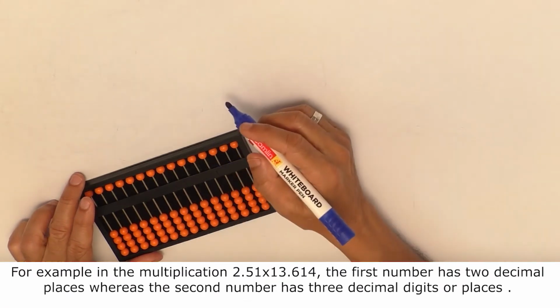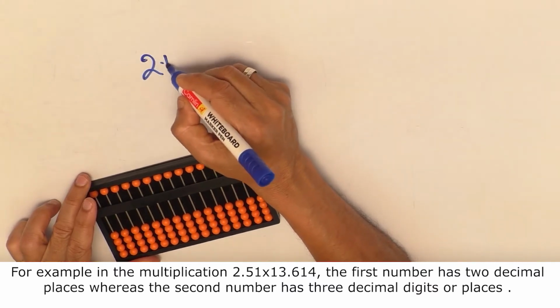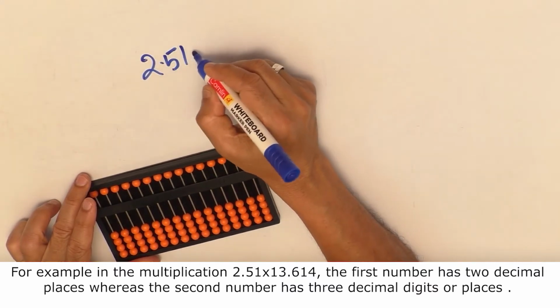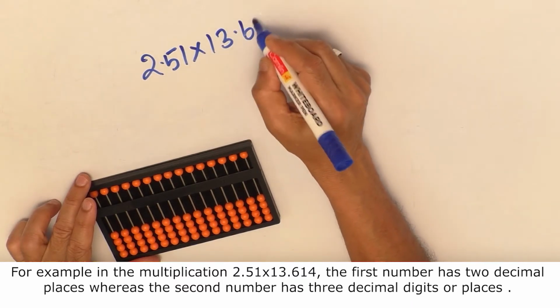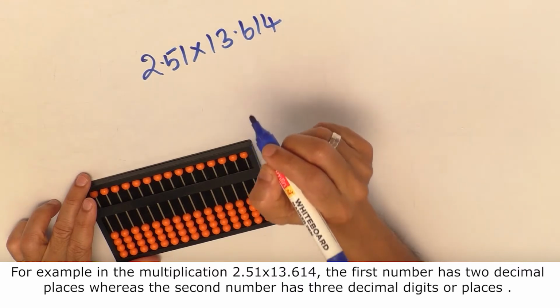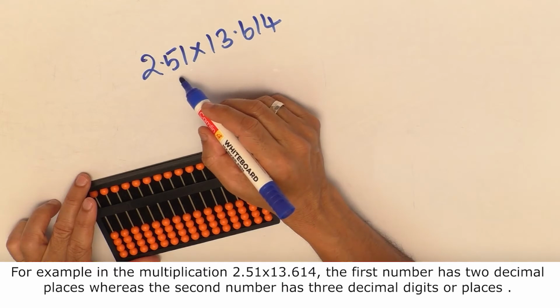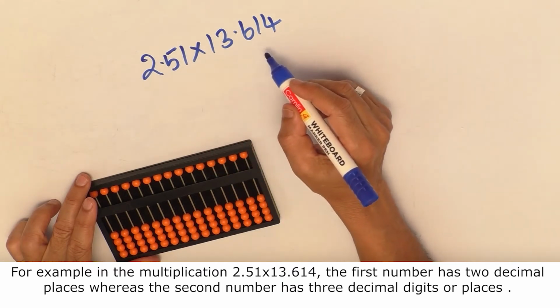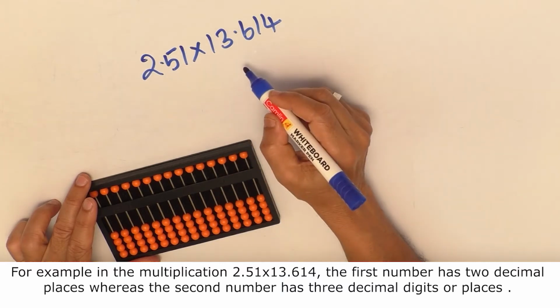For example, in the multiplication 2.51 multiplied by 13.614, the first number has 2 decimal places, whereas the second number has 3 decimal digits or places.